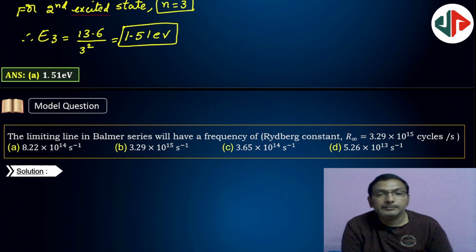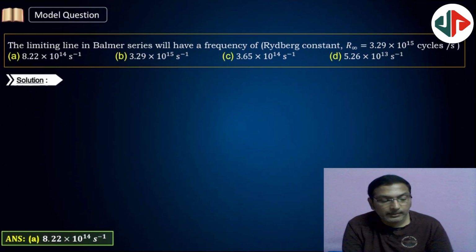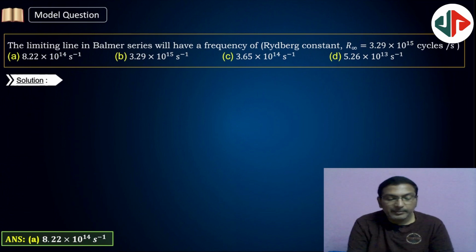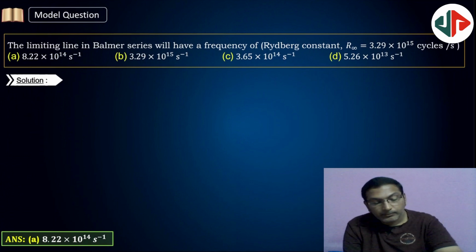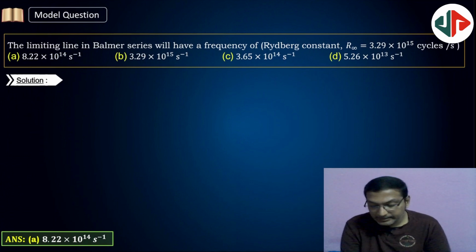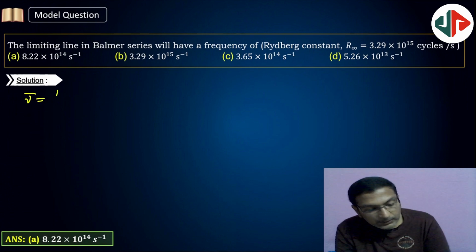Next question. Limiting line in Balmer series will have frequency of. Limiting line of Balmer series. So in our Rydberg equation, mu bar equal to 1 by lambda equal to RH into 1 by n1 square minus 1 by n2 square.